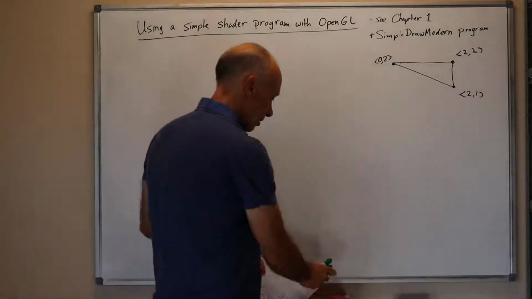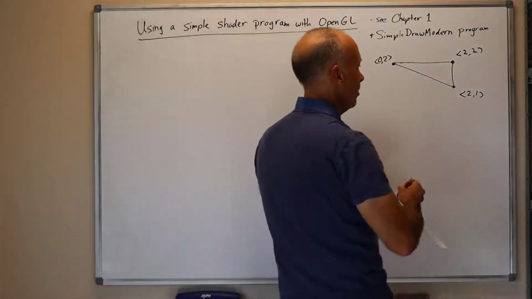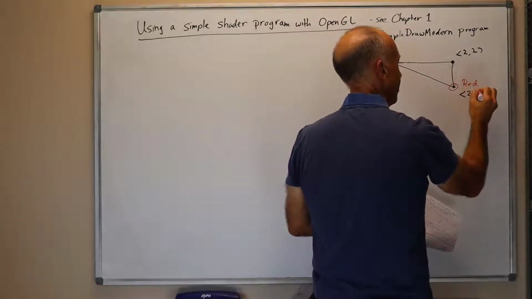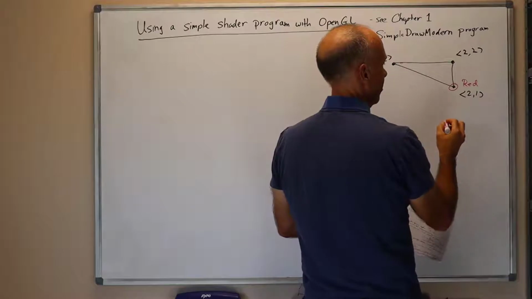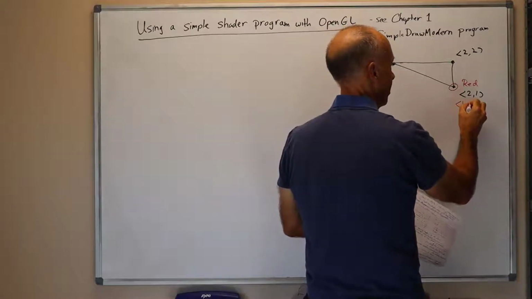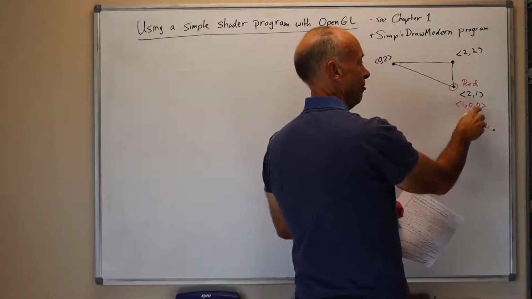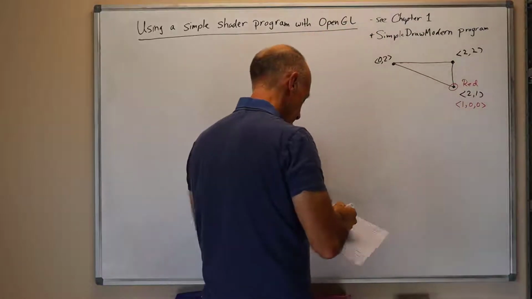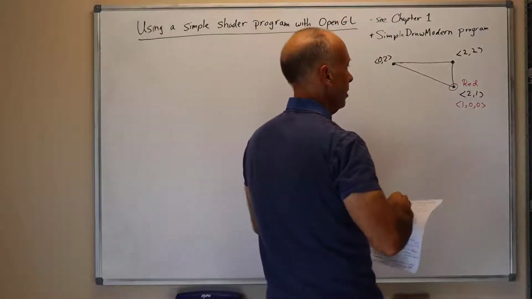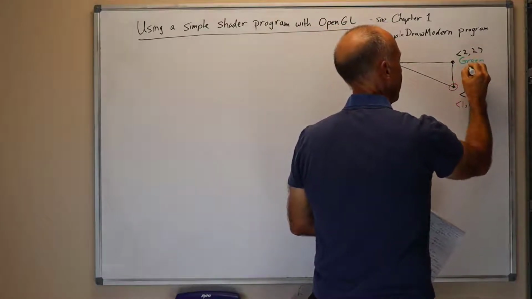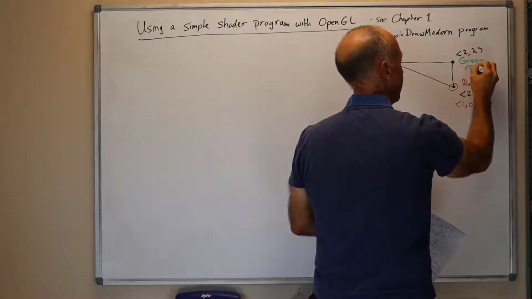I'm going to make the first vertex that I put on the board, (2, 1), red. The code for red is 1, 0, 0, for maximum red, 0 amount green, 0 amount blue. The next one will be green, and the code for that is 0, 1, 0.